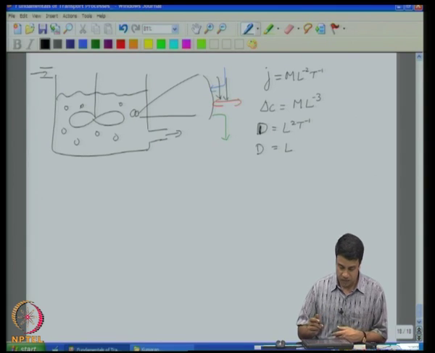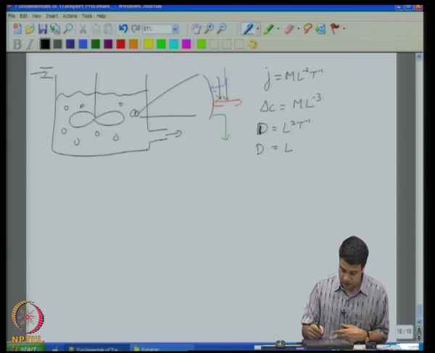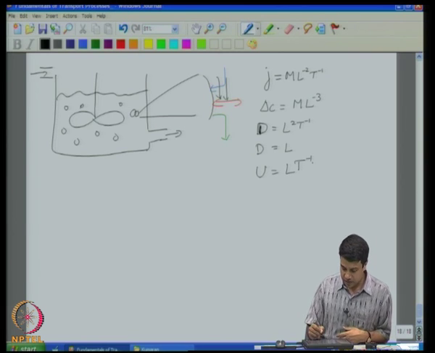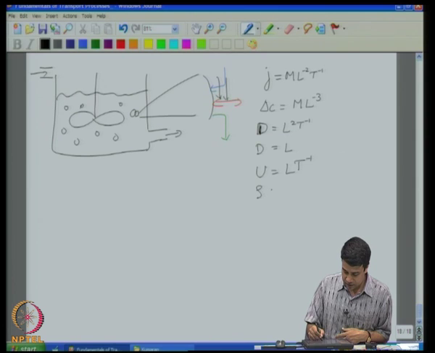So, it is also going to depend upon the fluid flow properties: the velocity u with dimensions L T inverse, as well as the density and the viscosity.